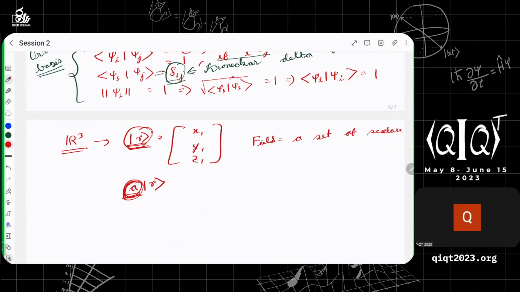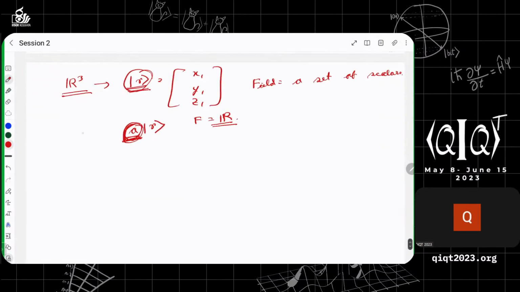For example, for R3, the scalars are real numbers. So the field was the field of real numbers. But as I had shown in an example, if this is your vector space, then Q is basically rational numbers, so you cannot multiply it with just any scalar.